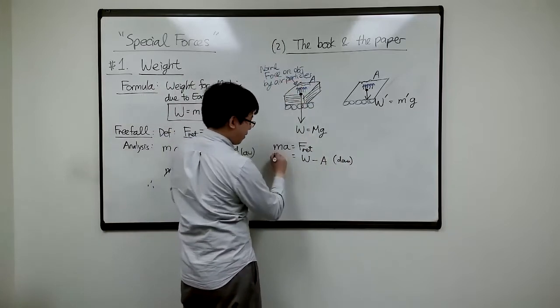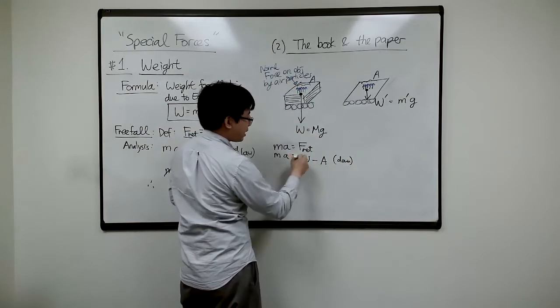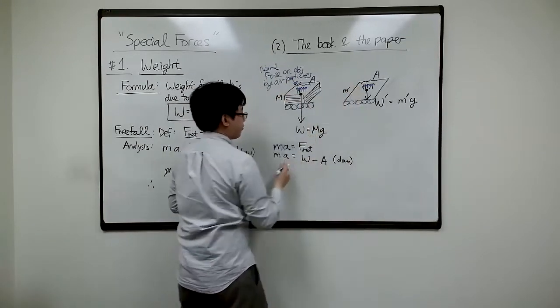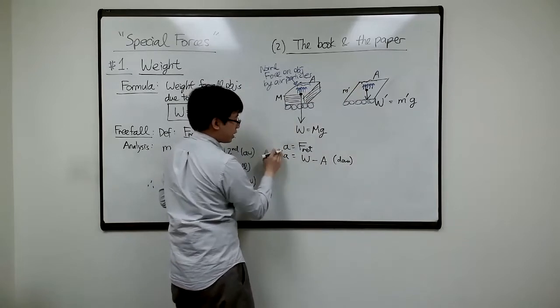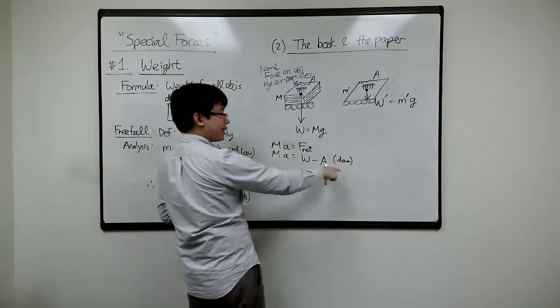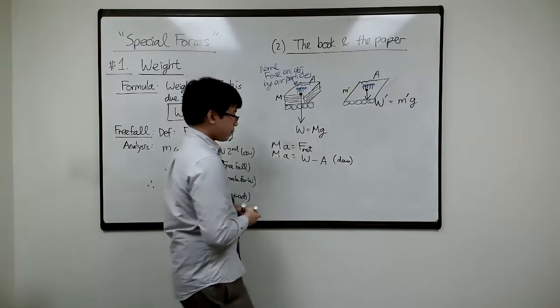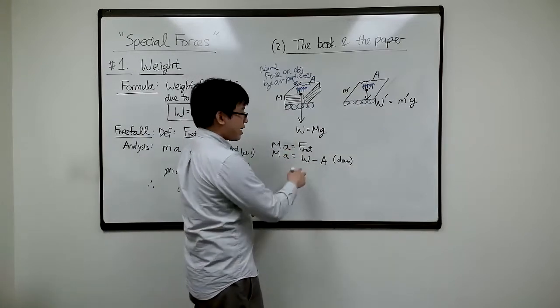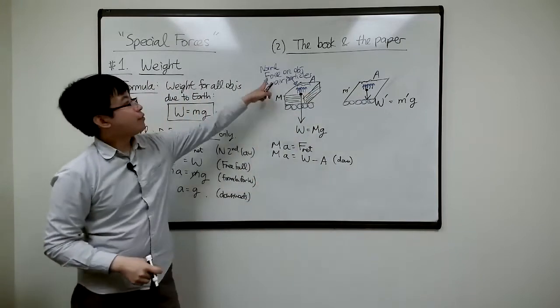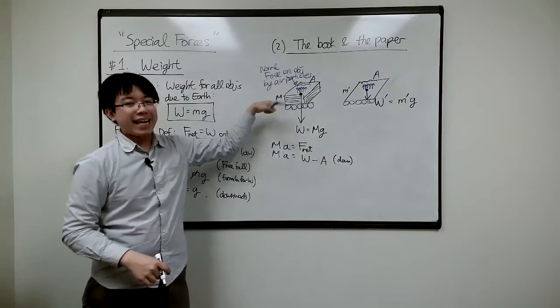And MA, in fact, I should use capital M if this is the mass of the book, right? So I'll put capital M as the mass of the book. So MA is equal to this. You see that W should be much, much larger than all the forces on the object by the air particles.